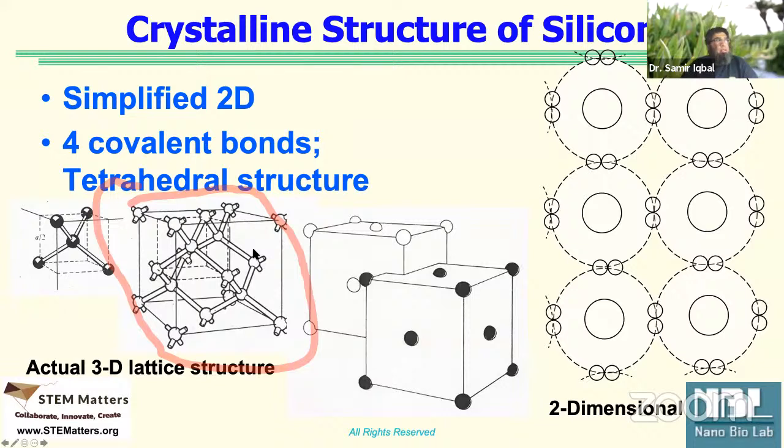Hence, that thing about having 4 electrons in the outermost shell, but once they create these covalent bonds with each other, they share their electrons with each other, and hence their outermost shells are complete. They have 8 in the outermost ones.